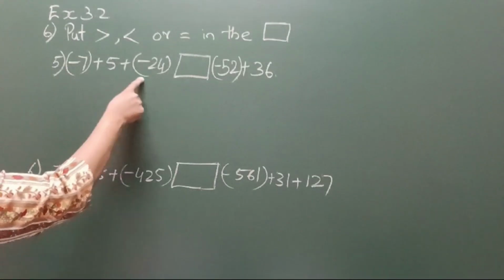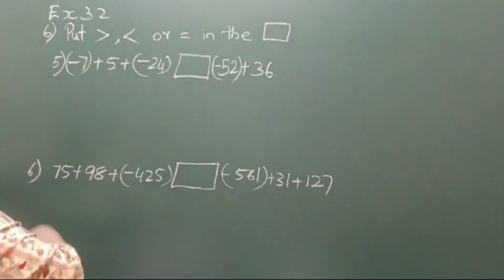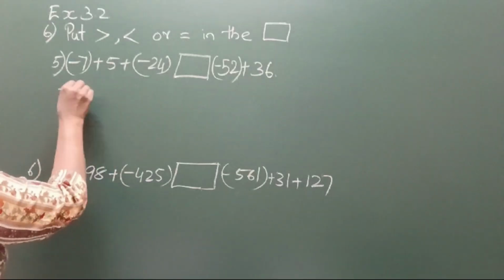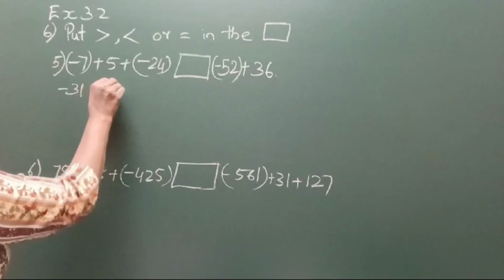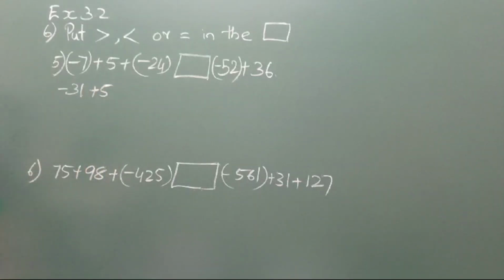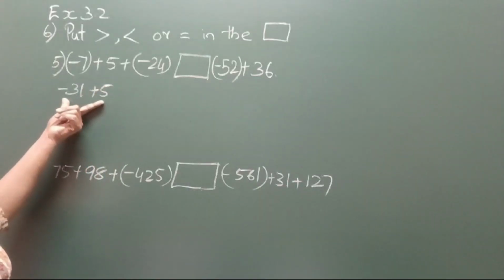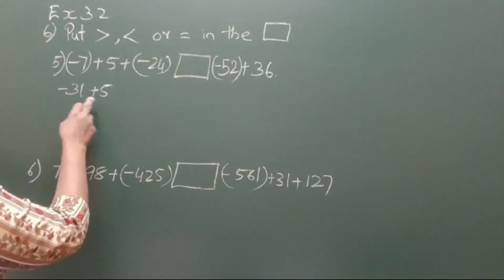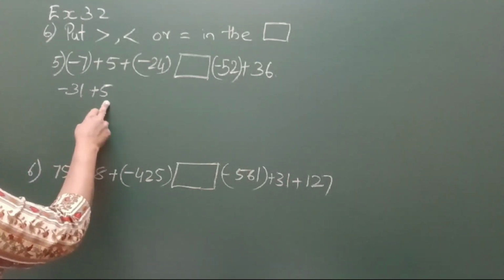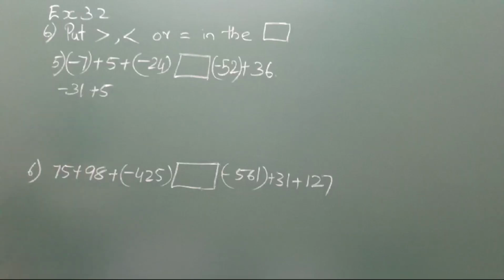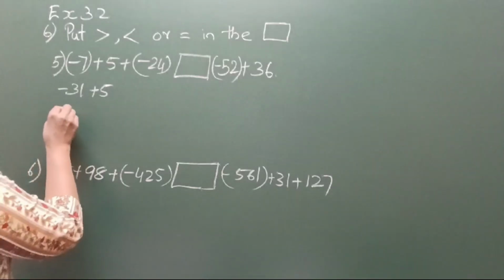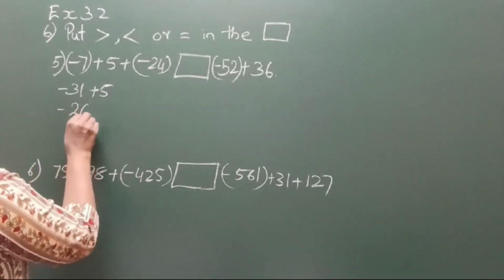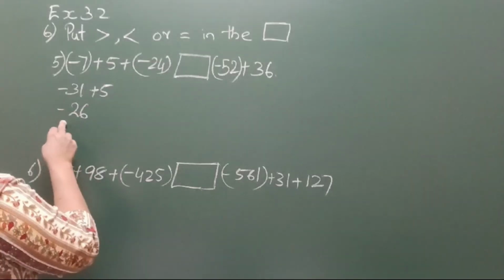These two are negative integers, so minus 31 plus 5 this side. Okay, two different integers, so we got the answer: 31 minus 5 is equal to 26. That is minus 26. This side minus 26.